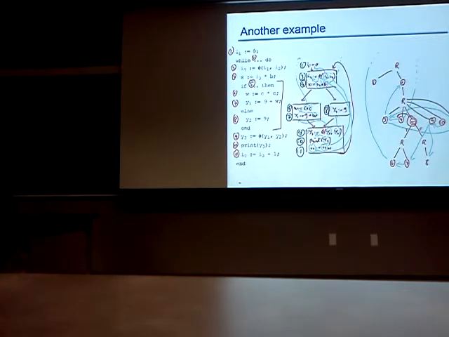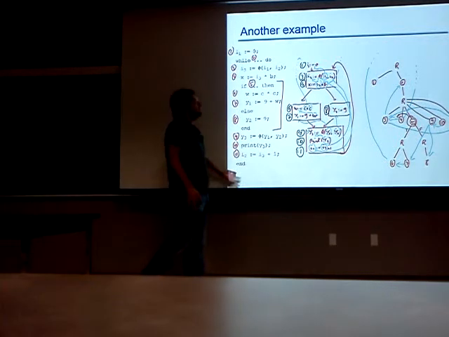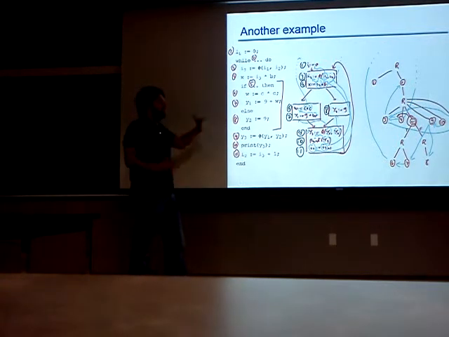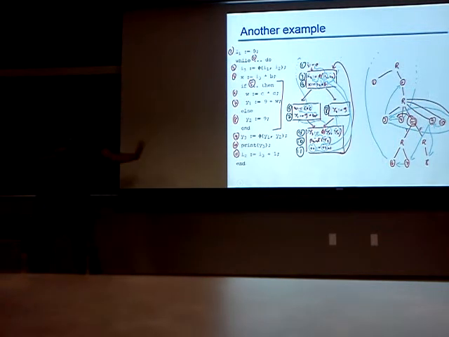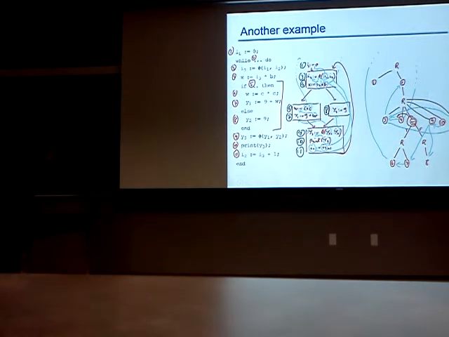Here's another example. You can look at this later. This is an example where you have binodes inside there, and you draw the whole thing up. It's really cool how you can represent this. Once you get to SSA, everything can move anywhere, because you're completely free to move any statement wherever you want.